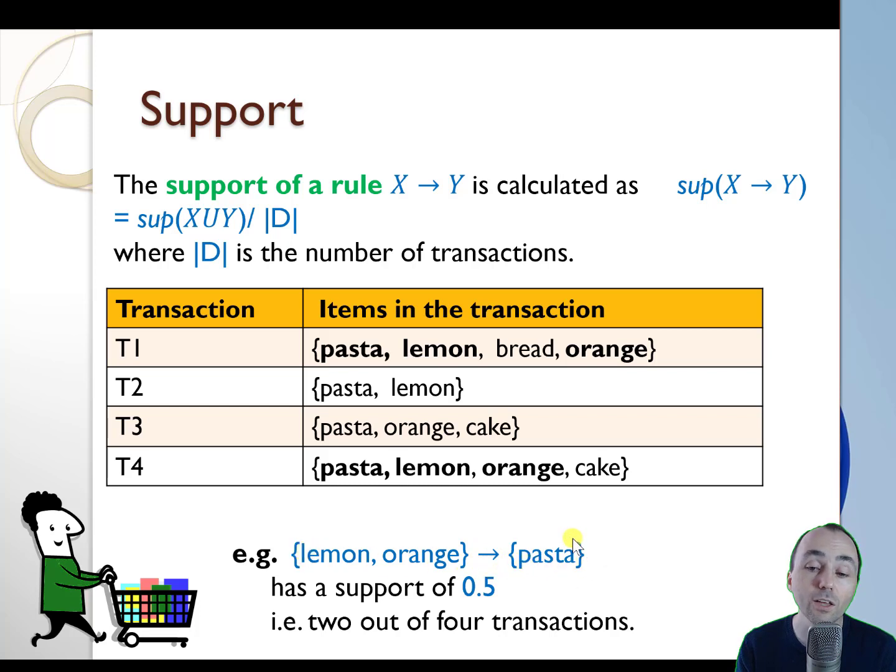To calculate the support of the rule, I need to find X and Y together. So lemon orange pasta appear here and here together. So they appear twice, 2 times, divided by the size of the database. There are 4 transactions. So 2 divided by 4, the support of this rule will be 0.5, or 2 out of 4 transactions.